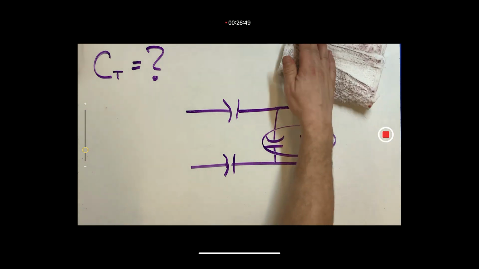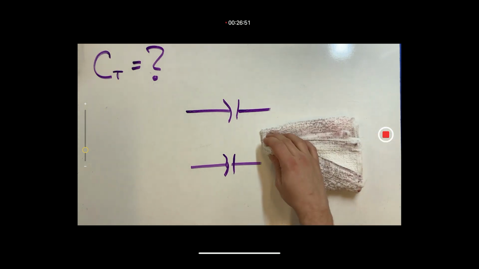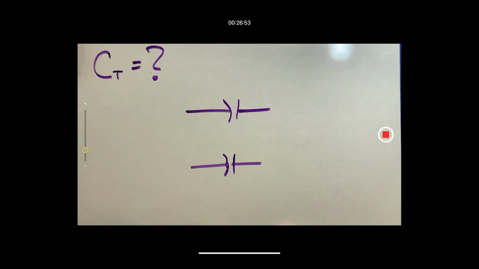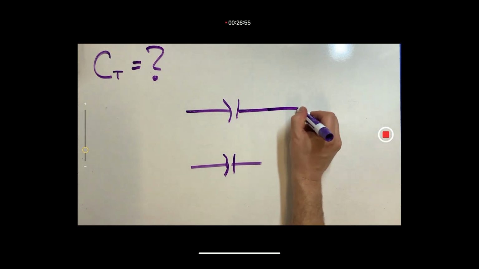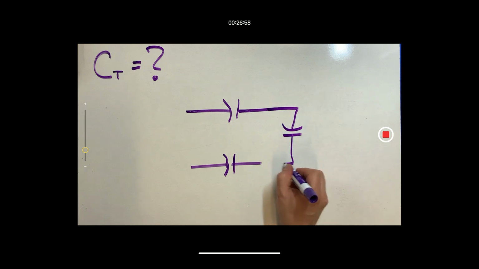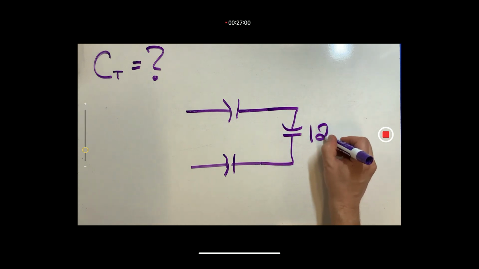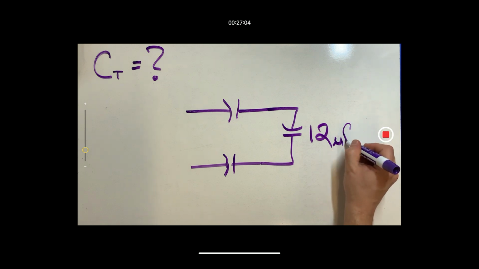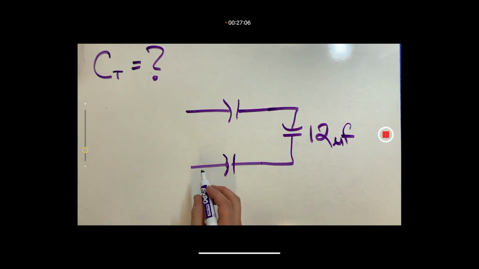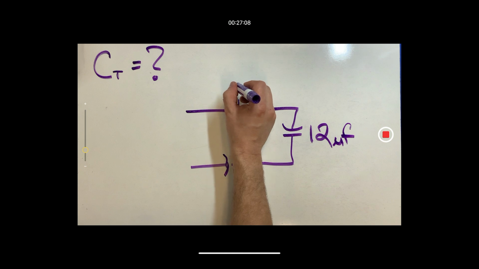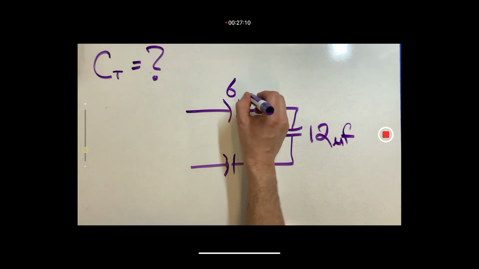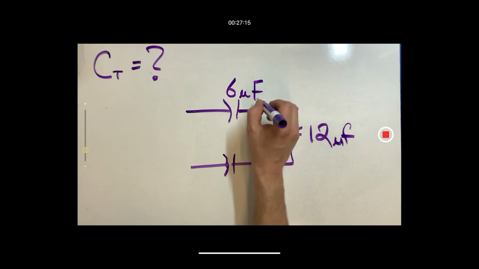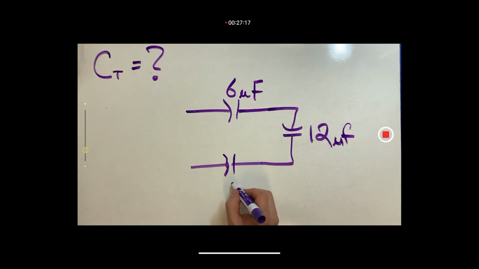So if I go ahead and combine 4 microfarads and 8 microfarads together, I get one capacitive value of 12 microfarads. And this is noting that it is 6 microfarads. And this one would be 8 microfarads.